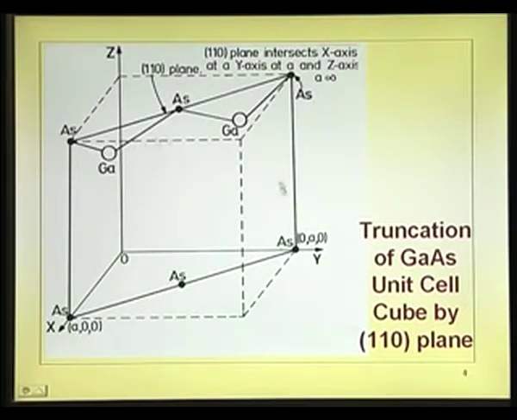This atom lies on the diagonal, so it forms bonds with this and this. There are 4 bonds. The other 2 bonds are on this plane and also on that plane. That we are not showing, because we are seeing only that particular cut view of that plane. What we are marking is only this.